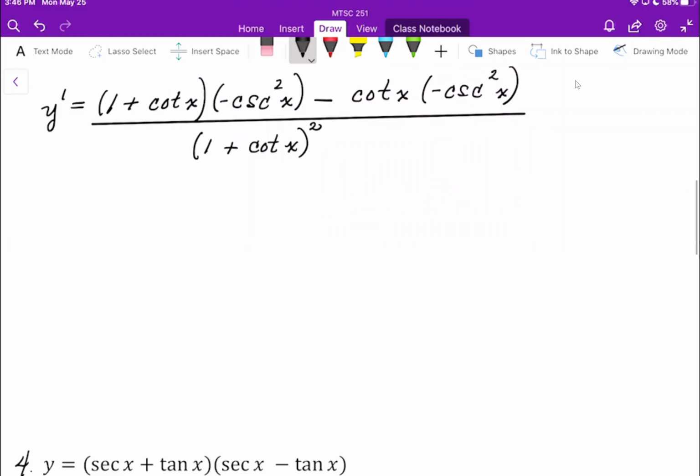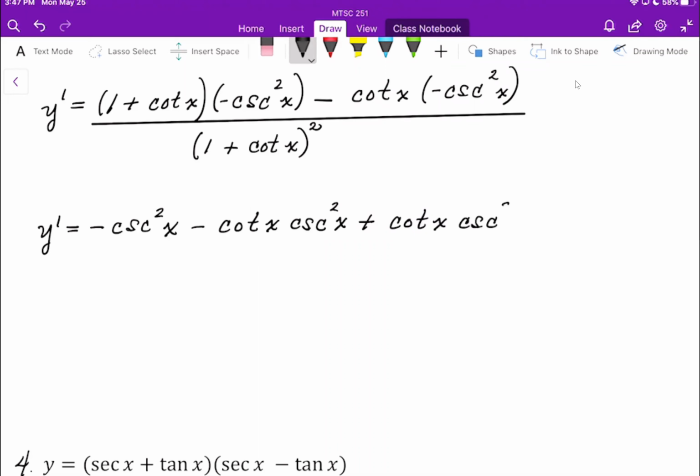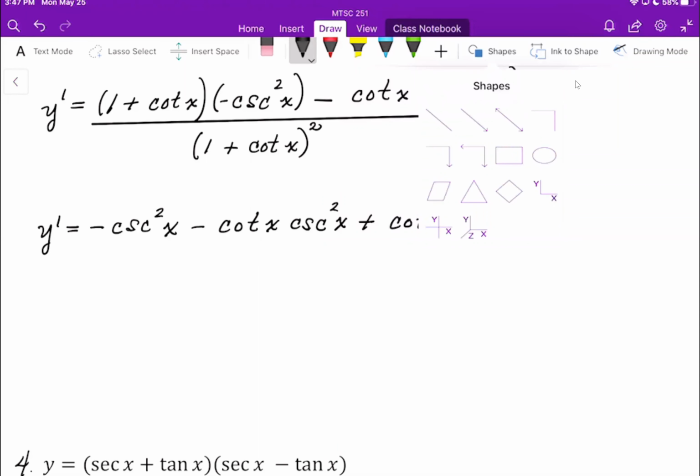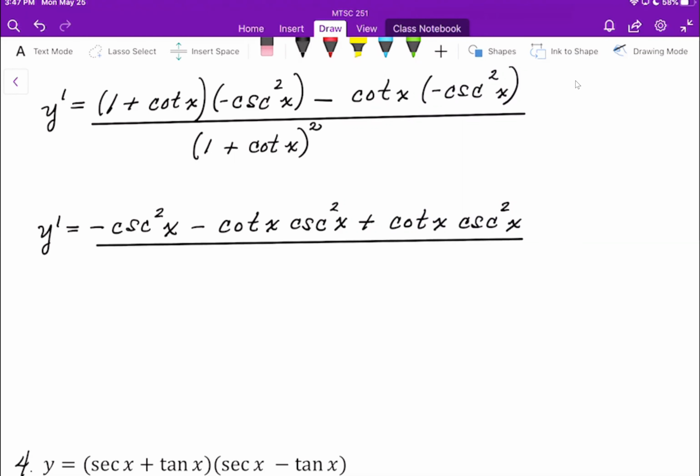So now we get y prime is equal to minus cosecant squared of x. And then we have minus cotangent of x times cosecant squared x. And then we have minus a negative, so that's going to give us plus cotangent x cosecant squared x, divided by 1 plus cotangent of x quantity squared.